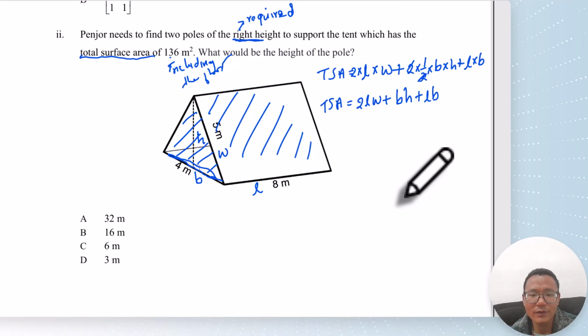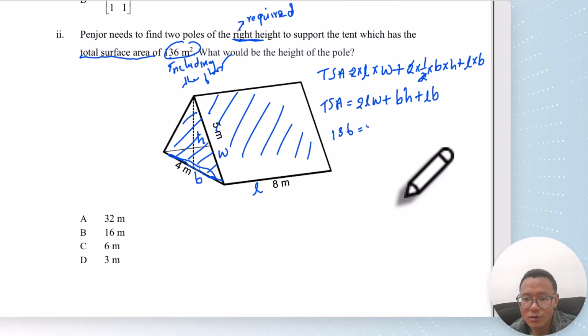Now let's substitute. The total surface area given is 136. This is the total surface area, and surface area means the area of everything.